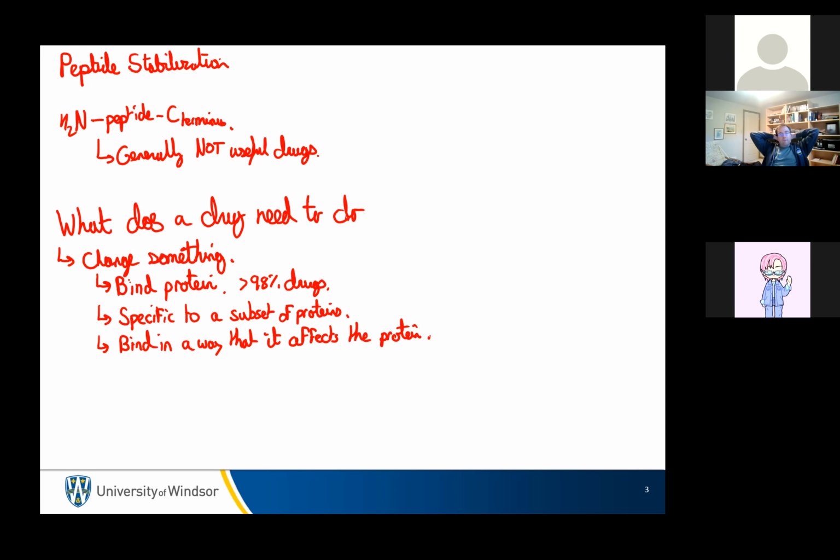The drug has to have some specific things to find its location. It has to be able to localize to its target. So that can mean penetrate the cell membrane.